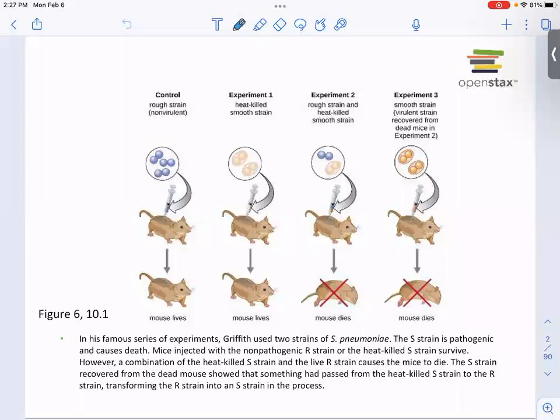This was an experiment by Frederick Griffith, published in 1928. At that time, we knew that there was something that functioned as a hereditary molecule. We didn't really know what that molecule was. We certainly didn't know the structure of it. Watson and Crick's paper wasn't until 1953.